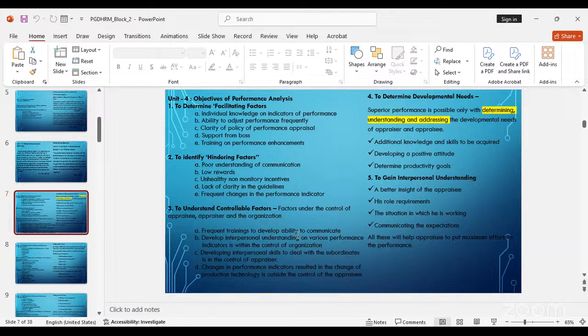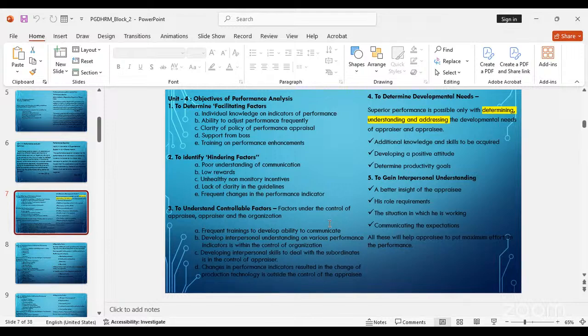Performance analysis also aims to understand controllable factors, factors under the control of the appraiser and the organization. It is important to understand these factors. That includes frequent training and development, ability to communicate, and developing interpersonal understanding on various performance indicators, which is within the control of the organization.